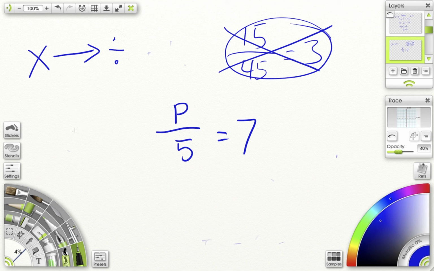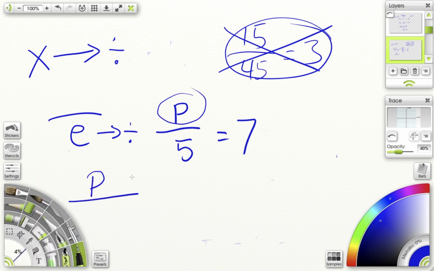So this is another rule that we're talking about. If the letter is on the bottom, you need to divide. You switch it up and you divide. If the letter is on top, you actually need to multiply. See, this is where division gets tricky, because if I divide, I get a decimal number and it wouldn't work.